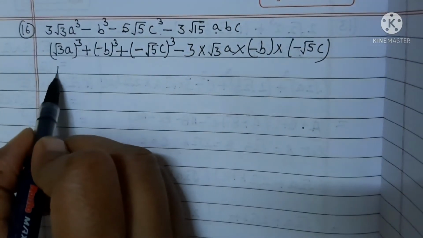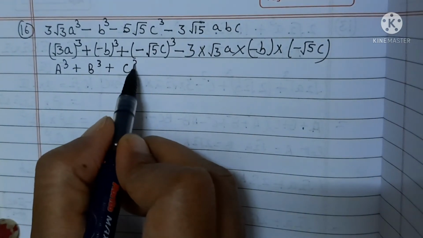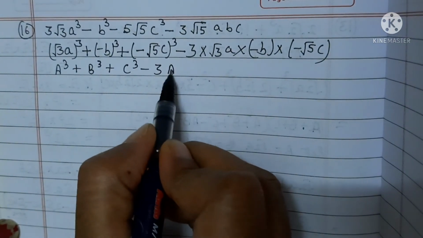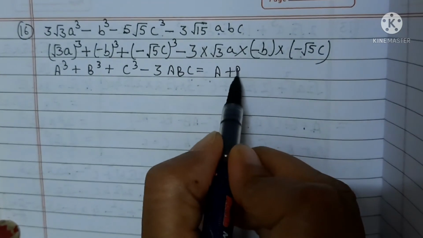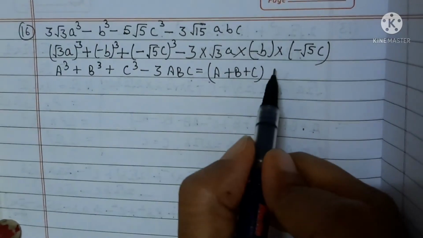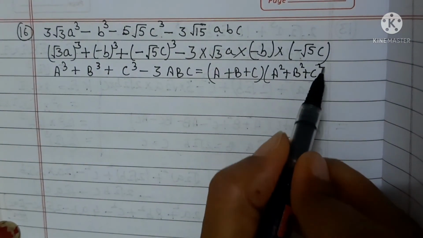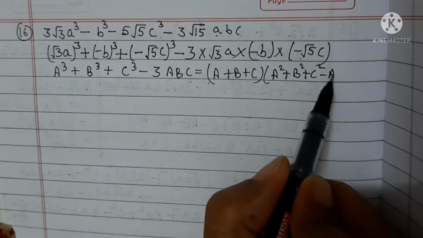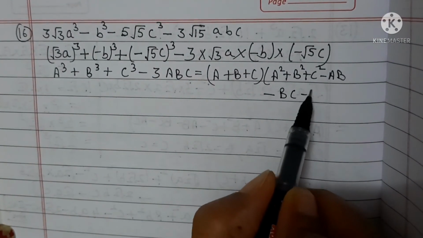So you can write a³ + b³ + c³ − 3abc is equal to (a + b + c)(a² + b² + c² − ab − bc − ac).